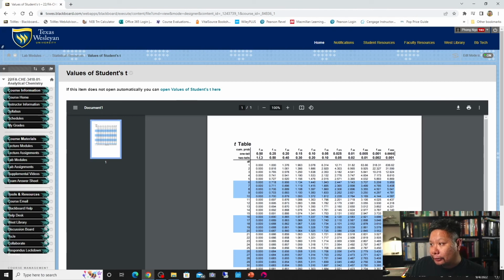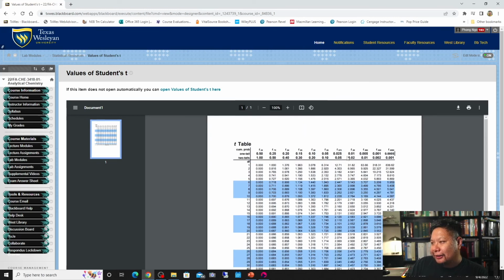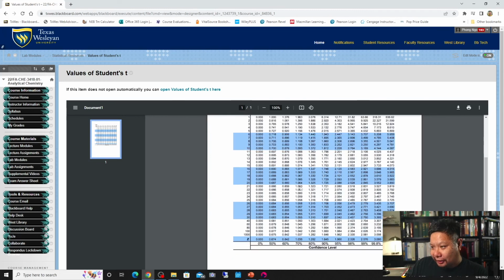And then also, recall that I said that we're going to be using an alpha, or a significance level, of 0.05, which is right there. Or if you scroll down to the bottom, you have a confidence level at the bottom too, right here. And here's 95%. So notice a confidence level of 95% is the same column as the significance level being at 5%. They're like opposites of each other. You can use either one to figure out what you need.